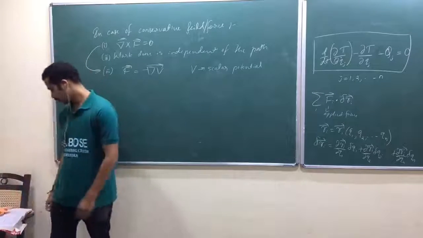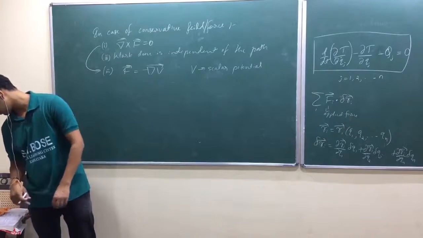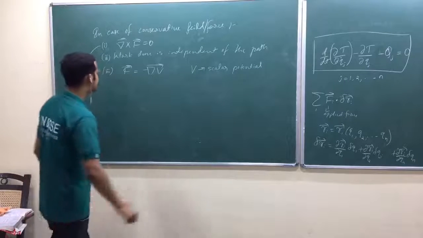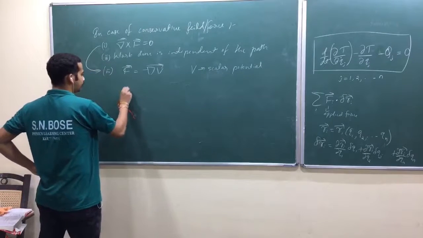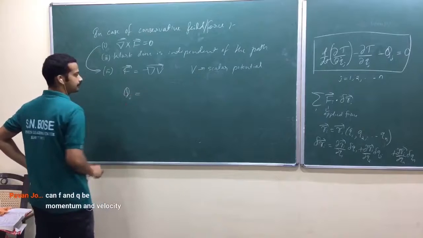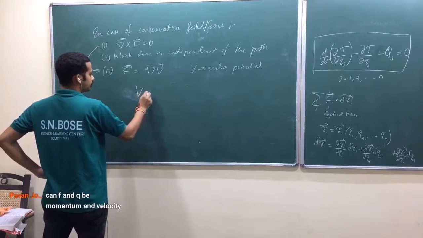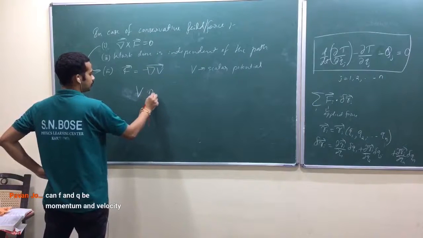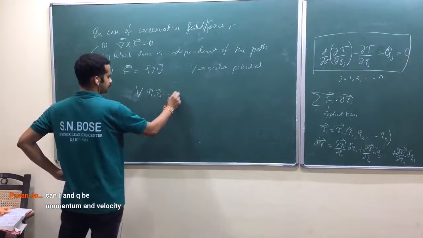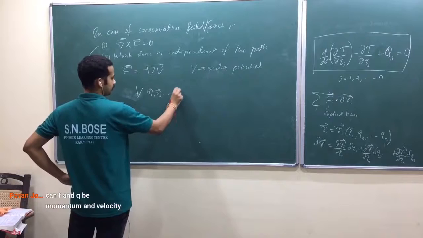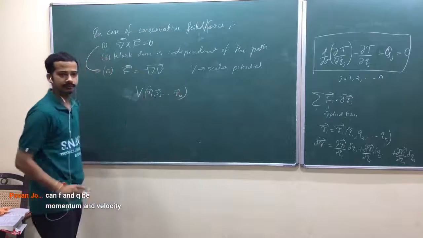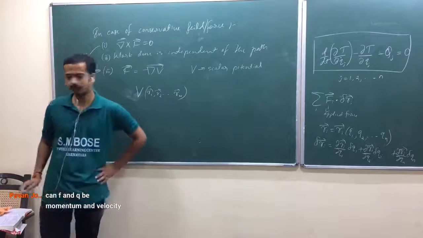So F is equal to minus del V, the scalar potential. Now in this situation, look here, we can write Qj. Usually our scalar potential depends only on r1, r2 and so on, the number of particles. The scalar potential depends only on the position.